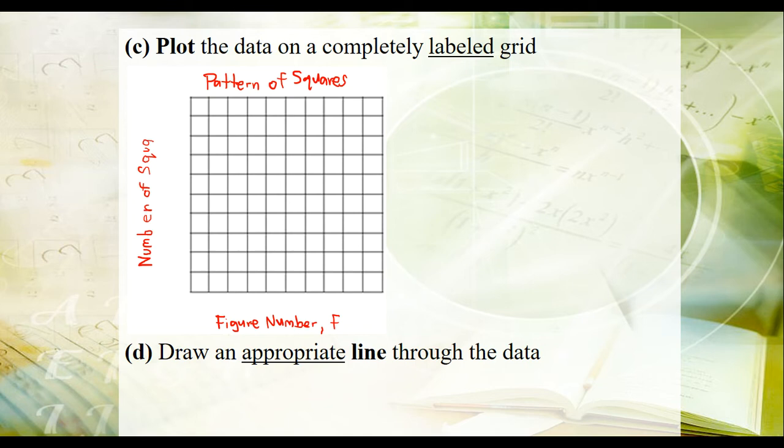That's an A, not a Q. That looks awful. But again, you can rotate your page to do this much better. Number of squares, and the symbol we use for that is S.